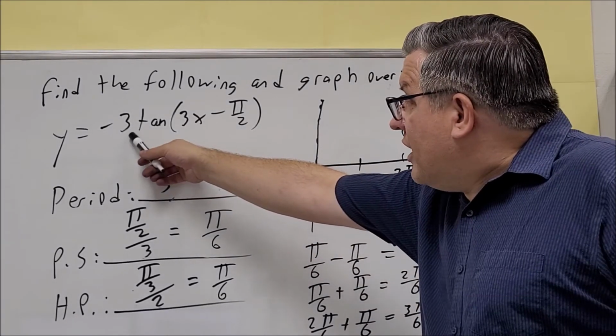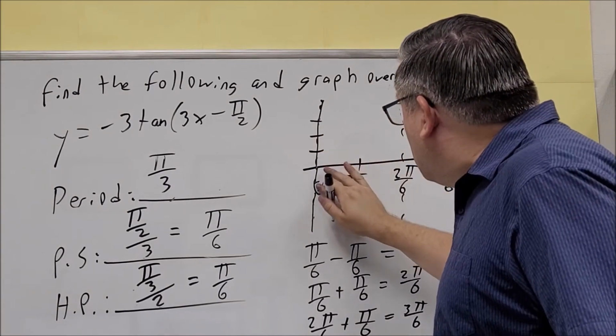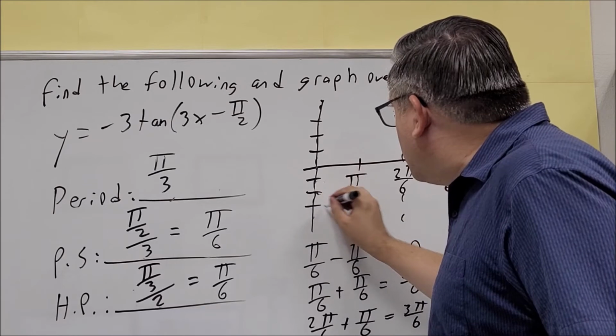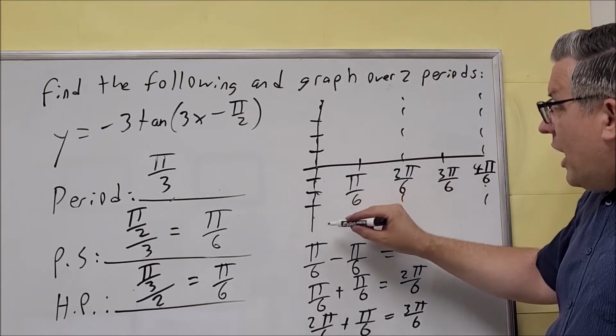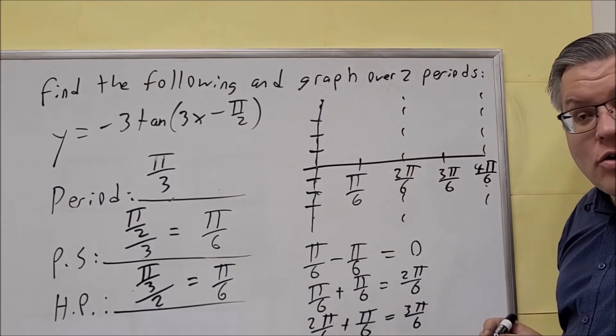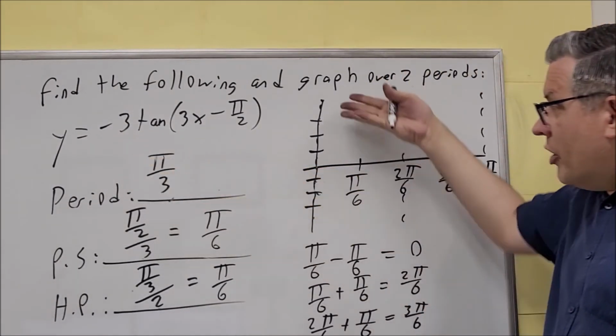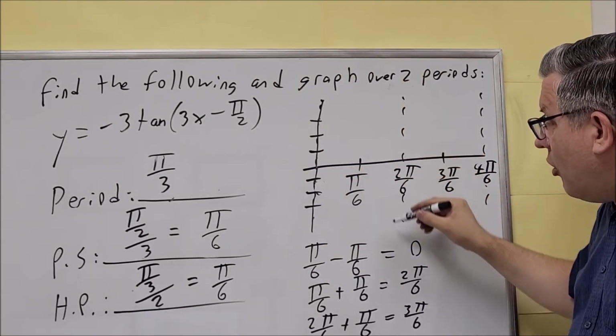Next thing we want to do is take care of the minus 3. Now remember the way these work here, I'll put some markings down there on the axis. Normally the graph will go this direction. However, the negative here flips the graph over the horizontal axis, which means the graph is actually going to fall.